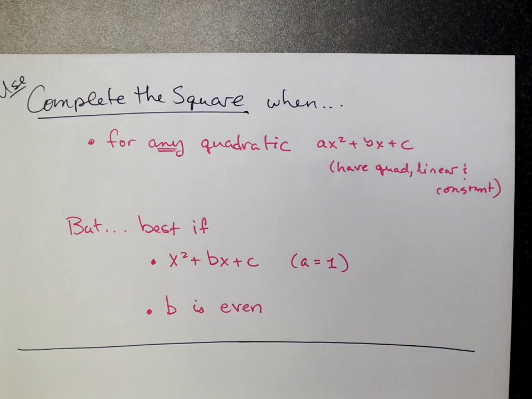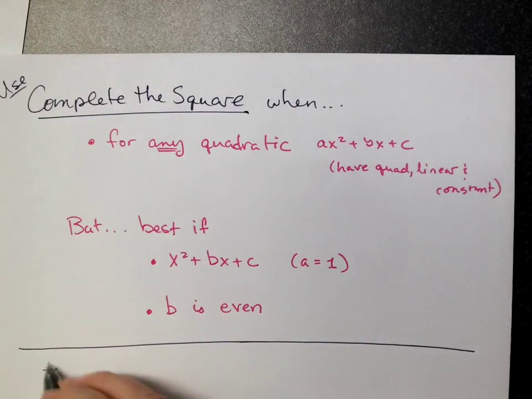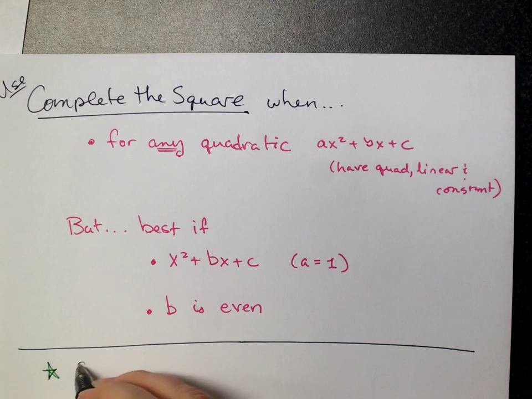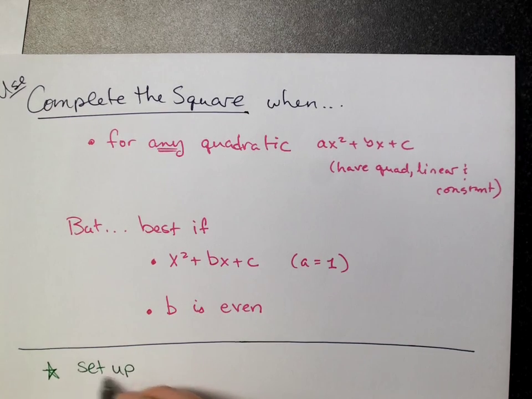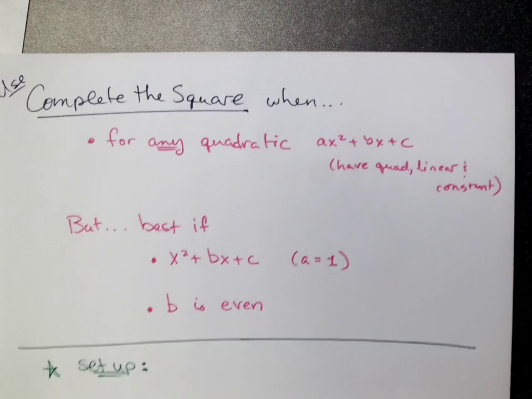Now, another thing to realize about completing the square is you must put it in this form. Okay? So make sure it is in, this is the setup. The setup or the form. Okay? So the setup looks like this.